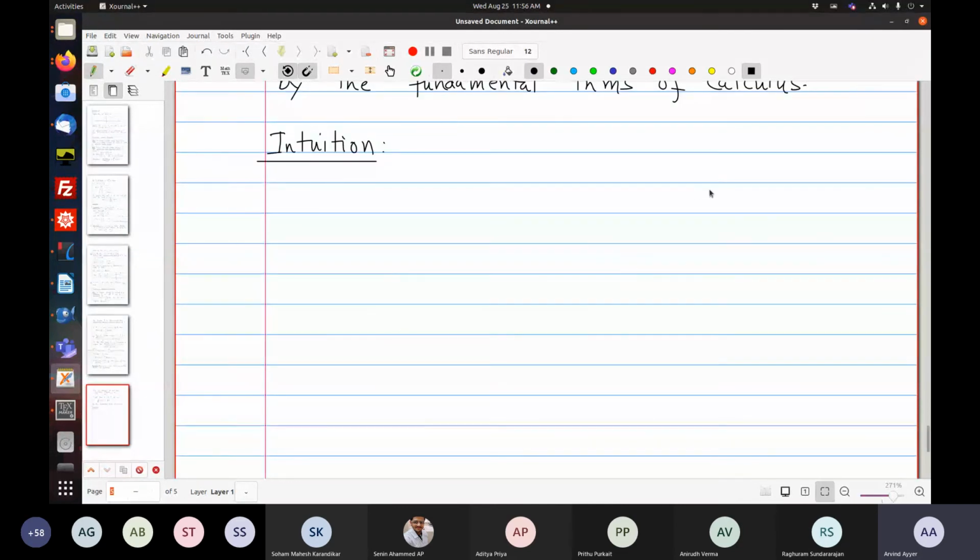So what's the intuition behind this? Suppose epsilon is a small real number. Let me look around a. Here's my a, and let me look at an interval of width epsilon around a.